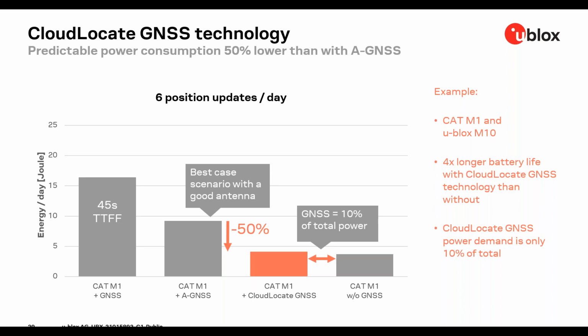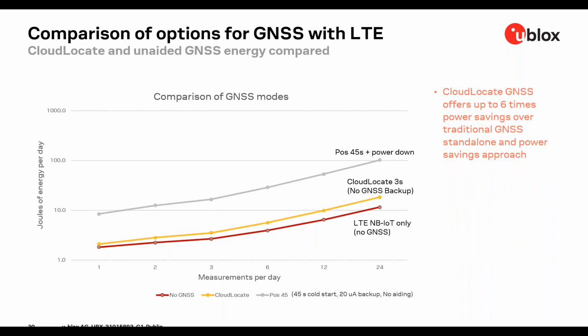Now, the next slide. You remember the previous slide showed some figures having as a baseline a fixed number of position updates per day, at 6. A similar measurement has been done changing this parameter, going from 1 to 24 location requests per day.